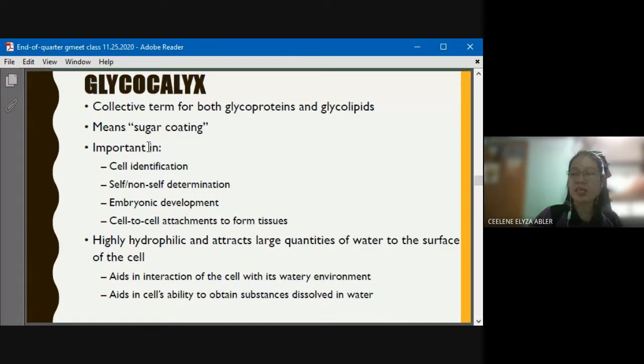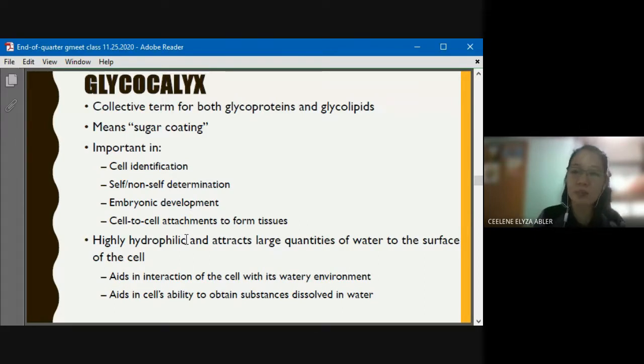So para siyang sa donut, yung parang puti na confectionery na sugar. So that's the term for it. The sugar coating, so it's for your cell, ang tawag sa kanila, it's the glycocalyx. So very important yan sila for cell identification, self and non-self determination, embryonic development, cell-to-cell attachment.